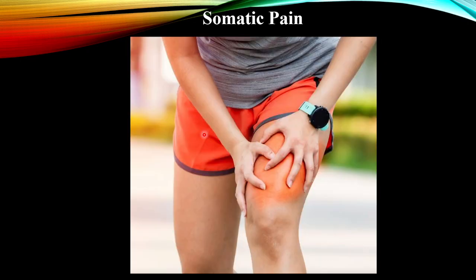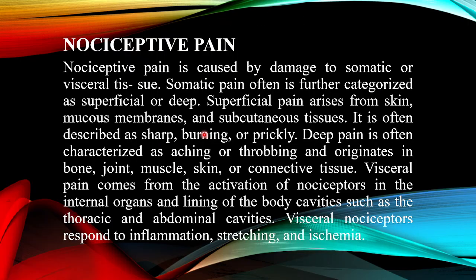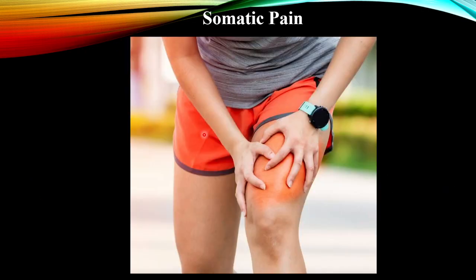First, nociceptive pain. Nociceptive pain is divided into somatic pain and visceral pain. Somatic pain is localized, sharp and very painful, and it is due to chemical burns, infection, joint dislocation, bone fracture.